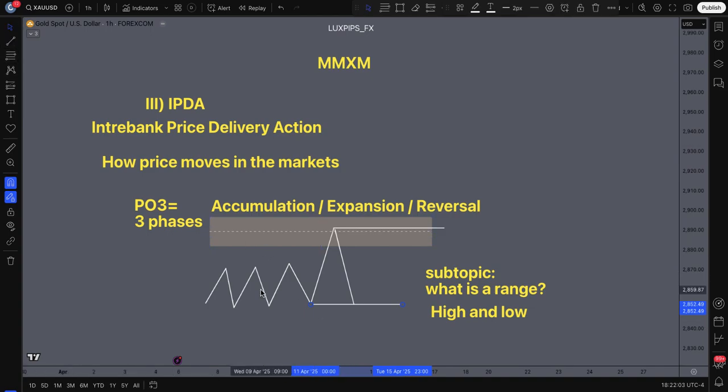Here's the thing. Why this low and not this low and not this low? Because this low right here, I'll put a box on that to highlight it. This is the low that broke structure.